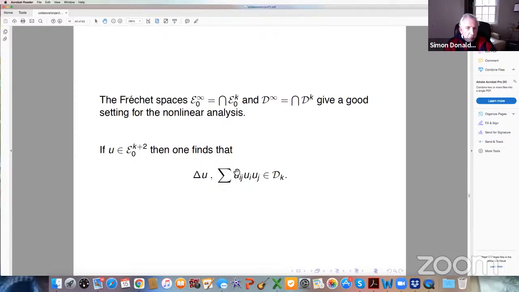So roughly speaking, u_ij is like r^(-1/2). On the other hand, for the same reason, the derivatives u_i, u_j are like r^(1/2). So the whole thing behaves, roughly speaking, like r^(1/2), which, roughly speaking, is what it means to lie in this space D.